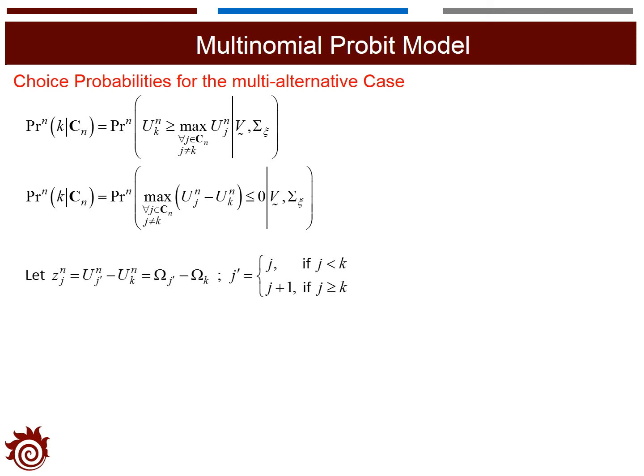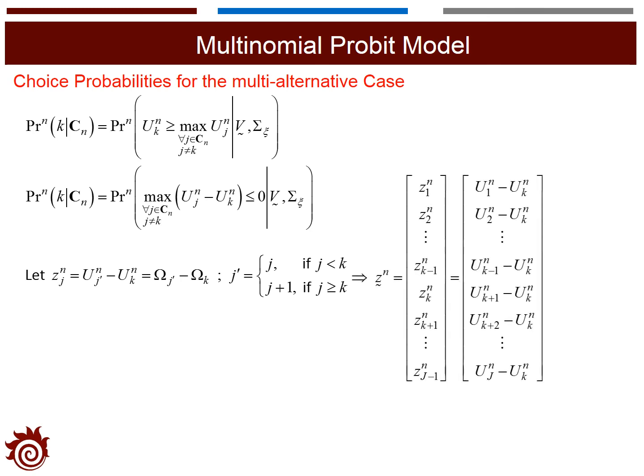Similarly, we define a new variable zj as uj prime minus uk, and it could be written into the vector format. The size of the vector is capital J minus 1, and it has the relationship between z and the utility. Here you need to carefully deal with the index.